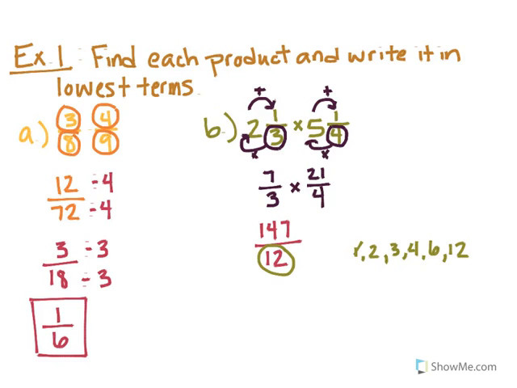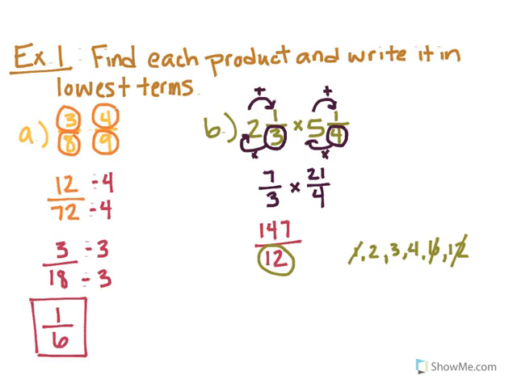Now, 1 is never helpful, so you don't have to worry about that, but see if any of those other numbers will go in. 12 will not, 6 will not, and you just keep going down this list. You can use a calculator to help you out. Just do 147 divided by each of these numbers until you can find a common factor. And if one doesn't exist, then that's your final answer.